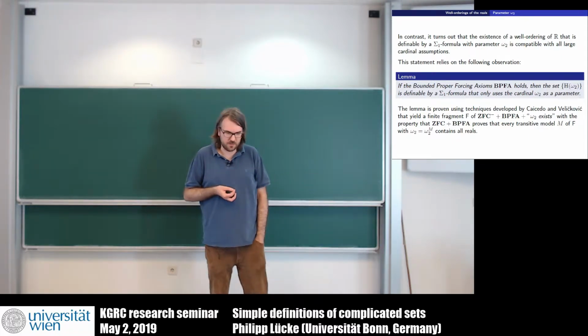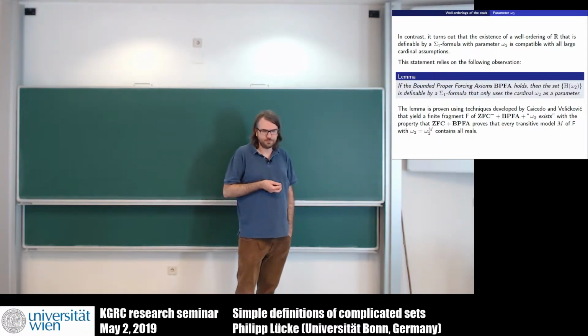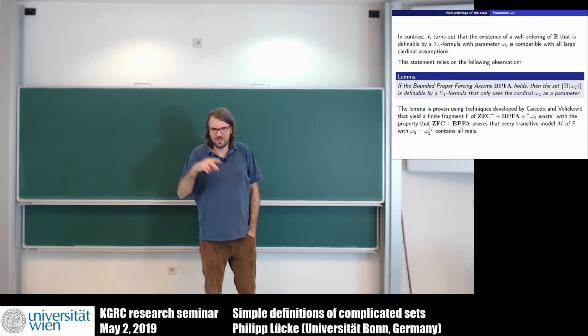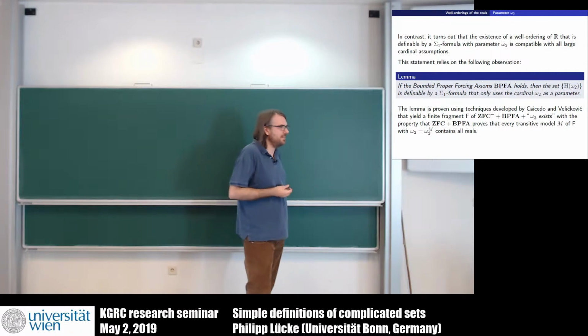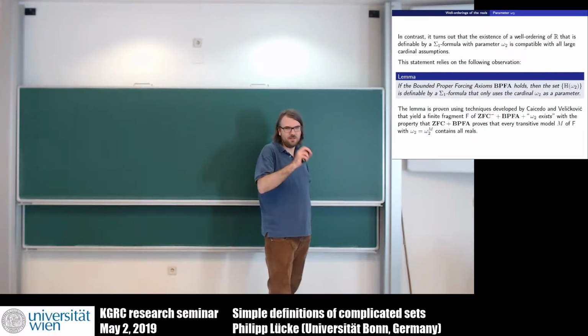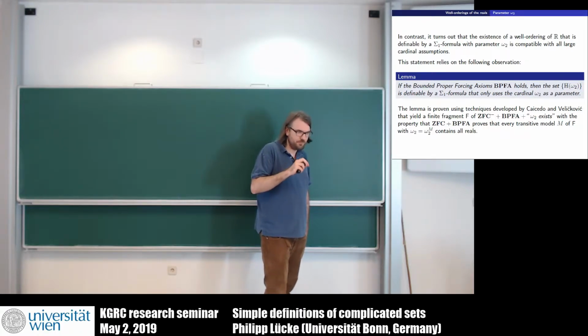This is some coding they developed where they coded subsets of omega-1 by reals and reals by ordinals, and somehow everything is mutually coded. You can express this in a first order way, and all you need to know to decode all the reals is the real omega-2.